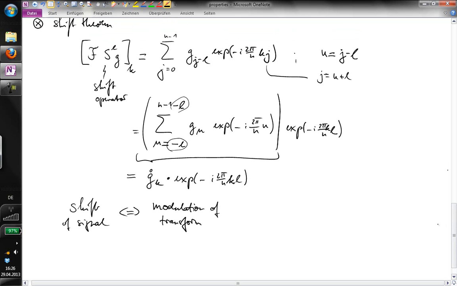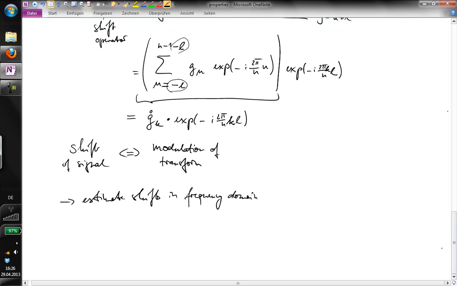The practical application of this is to estimate shifts in the frequency domain rather than cross-correlate two signals to find the proper or the best shift that superimposes the signals.